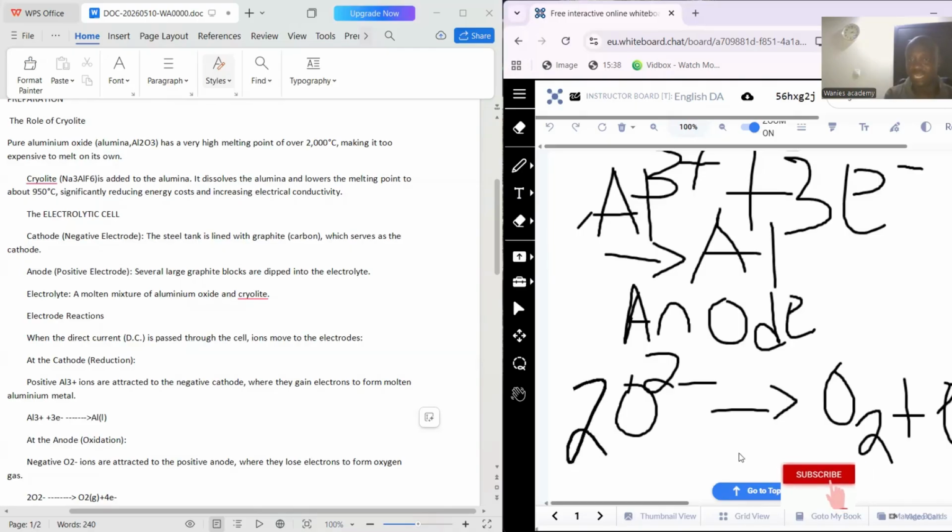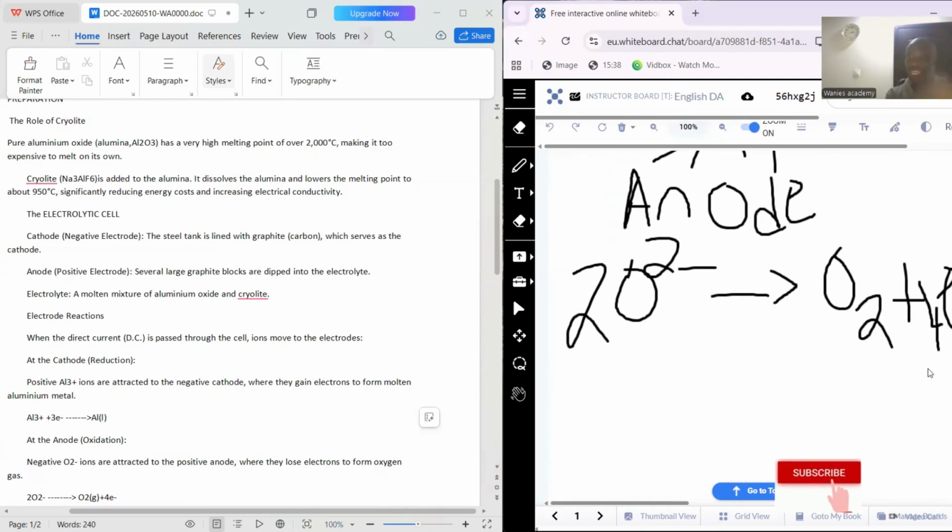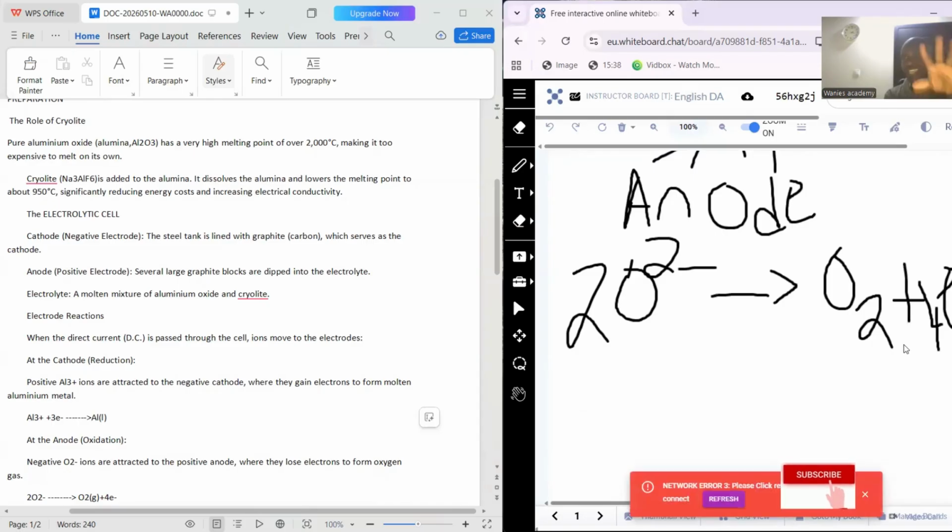The oxygen atoms are now balanced, but the charges are not: we have a total of 4 charges on the right-hand side, but 1 here. Therefore, we add a 4 here. So this is what happens at the anode. The oxide ion loses electrons to form oxygen gas at the anode.